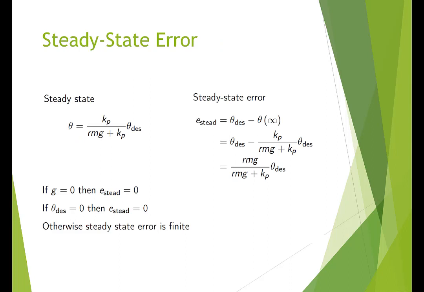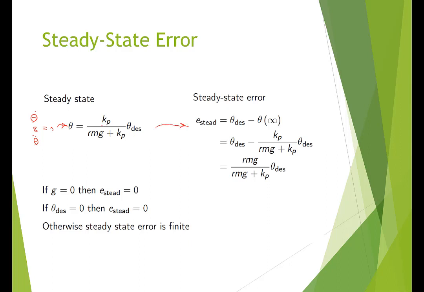And again, you can look at the final steady state angle of the pendulum when we put the derivatives equal to 0. This would be the final theta for the pendulum. As I said, it's not exactly where theta desired should be. If we want to measure the error, subtract this from theta desired.